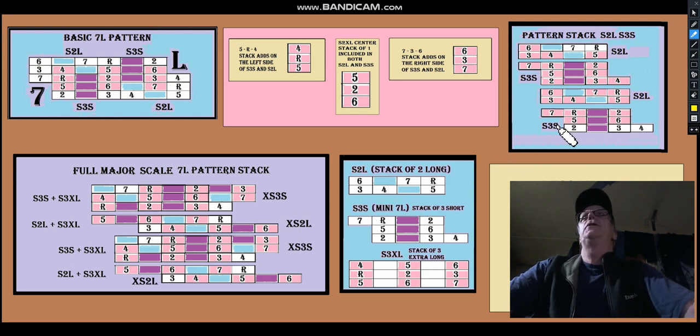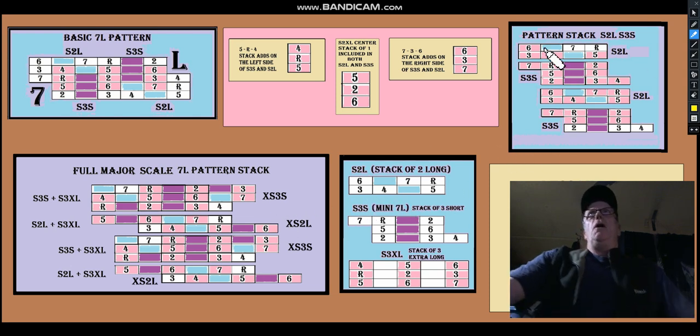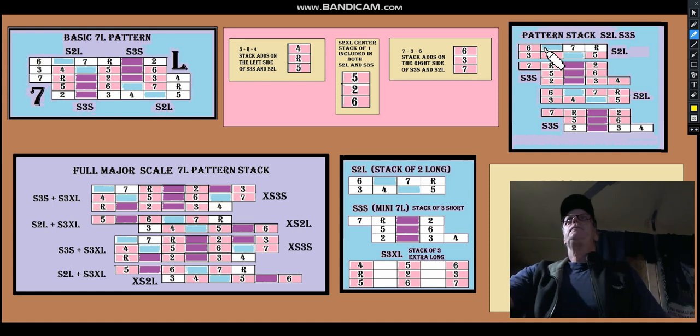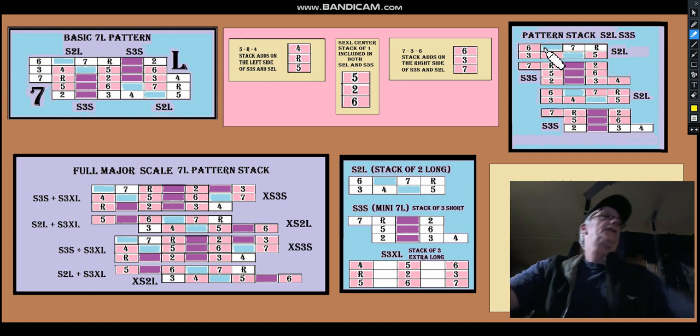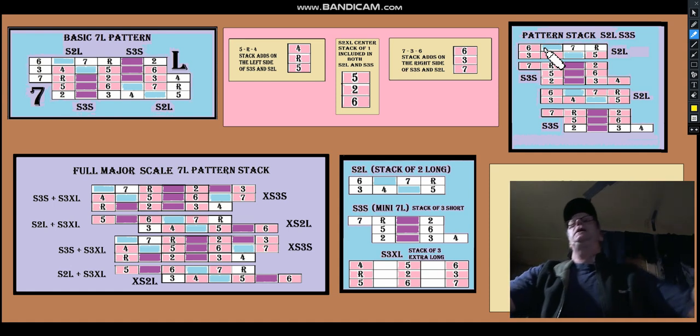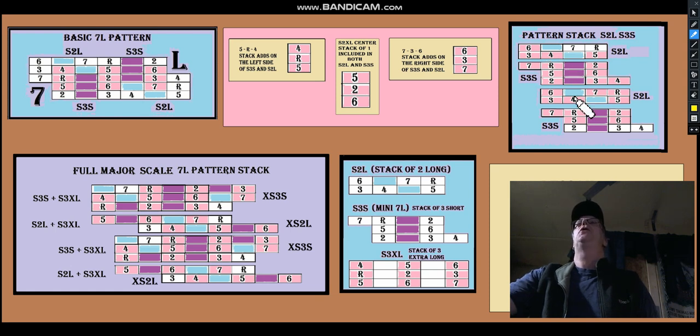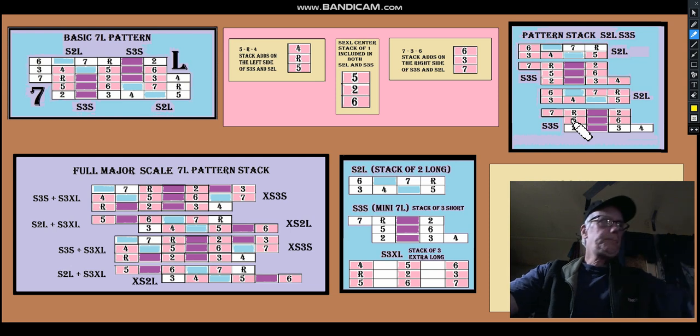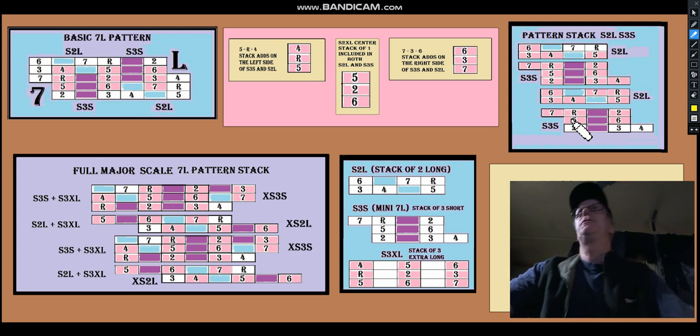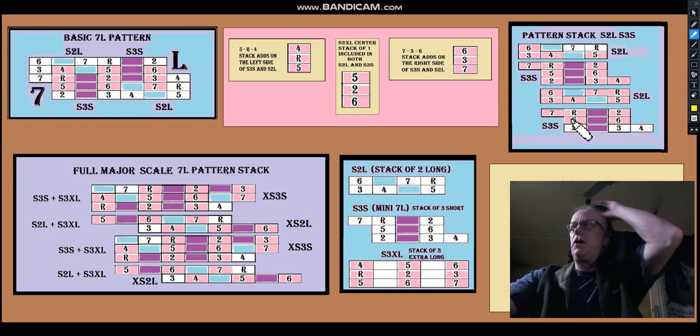So I want to show you this pattern here up here. This is the pattern stack. And being it's unwarped, and I just explained what unwarped means, there wouldn't be that third tuning. It's all in perfect fourths. This is a scary idea for people who are trying to learn guitar in a hurry.